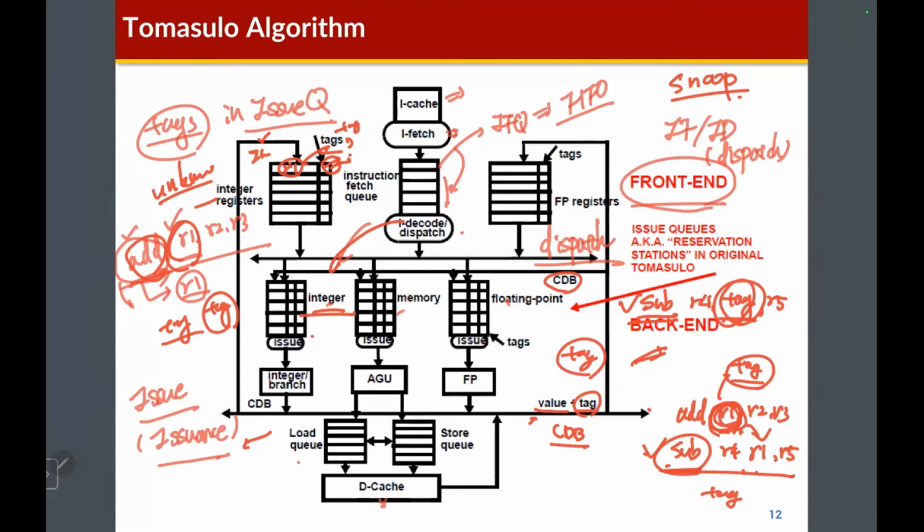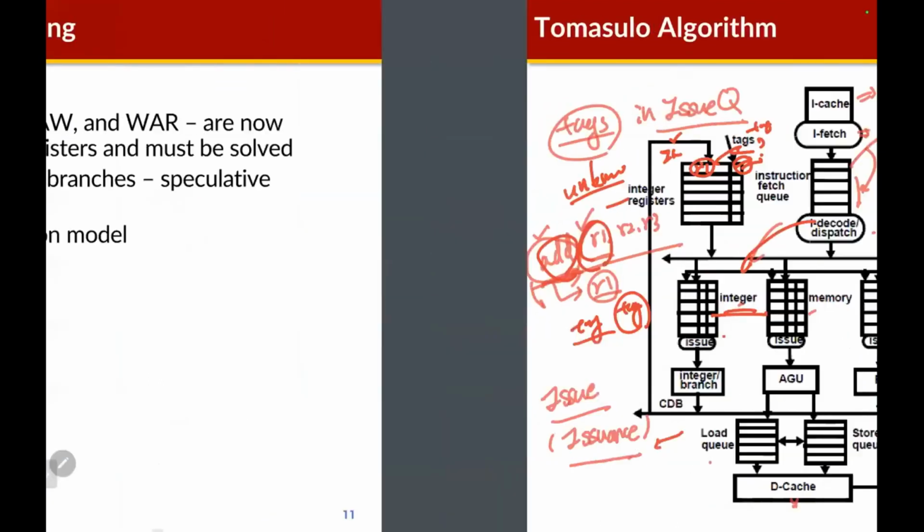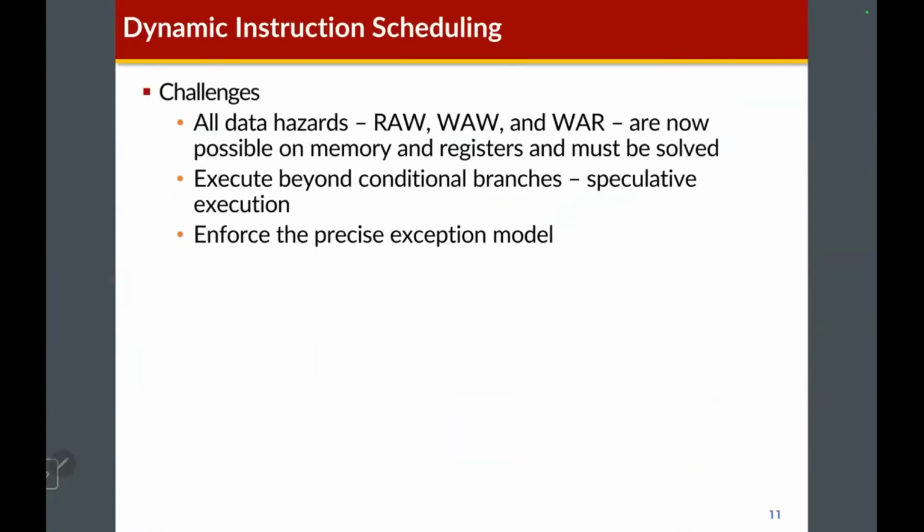So what is the main idea of the Tomasulo algorithm? It's very similar to register renaming. What does that mean? Instead of a real register number like R1, this number is renamed to the tag number of the specific issue queue.